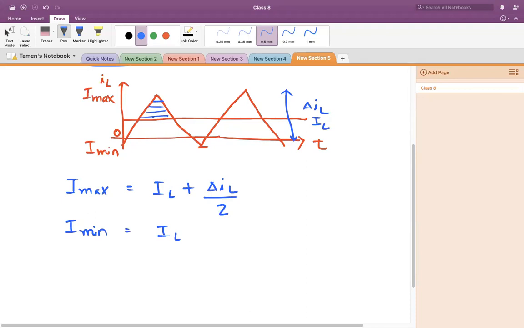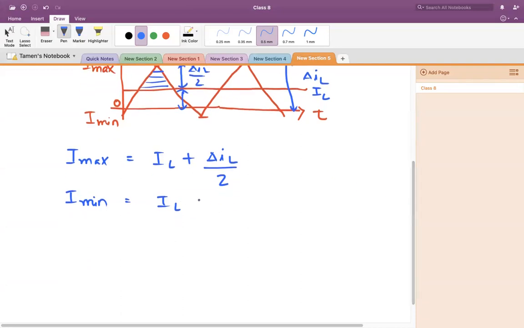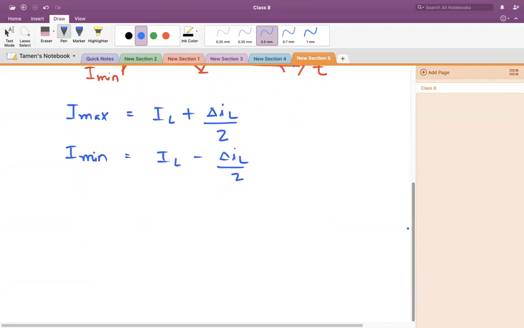This is IL and up to this is the delta IL by 2. I have divided it into two parts. Okay, now I understand. So for the minimum part, it will be IL minus delta IL by 2.